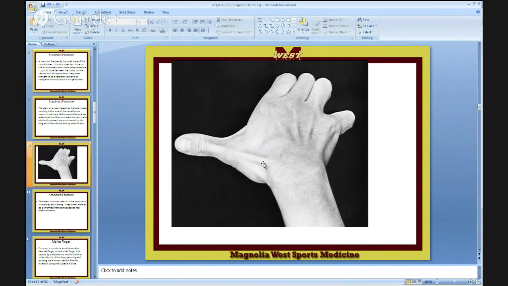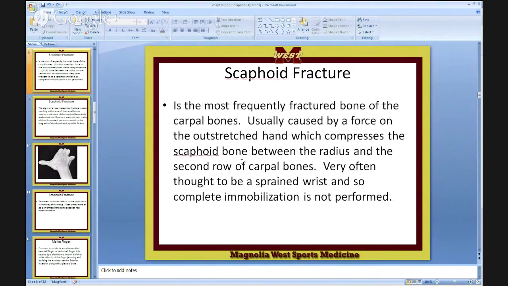All right. These are now going to be, oh yeah, multiple guess. All right, number 8. So here on number 8, usually caused by a force on the outstretched hand, which compresses the blank bone between the radius and the second carpal bones. What bone?